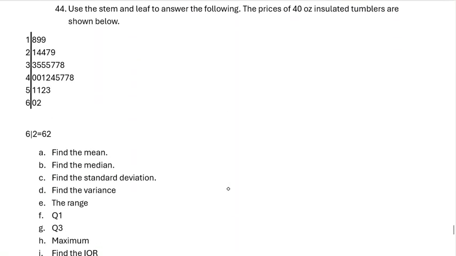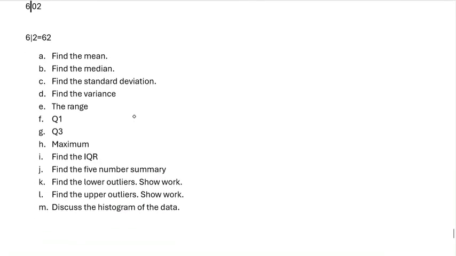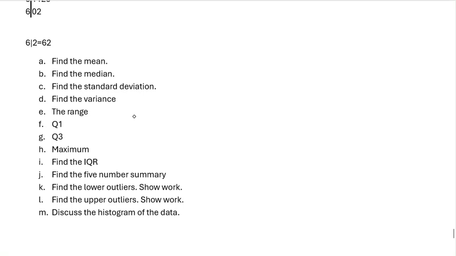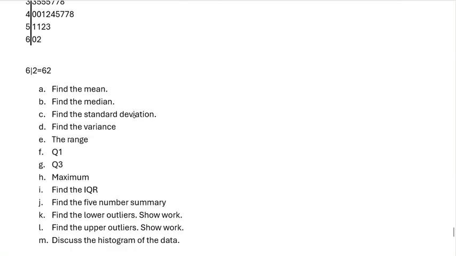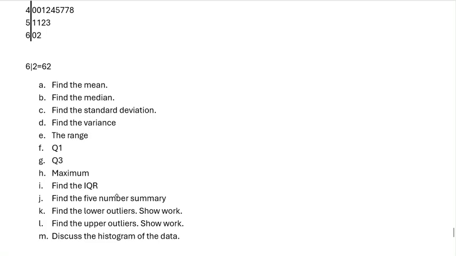Use the stem and leaf below. This is the prices of 40-ounce insulated tumblers. They go from $18 all the way up to $62. Find the mean. This entire thing can be done on one variable statistics. The only thing you're going to have to know for sure is this formula. The formula for IQR is Q3 minus Q1.